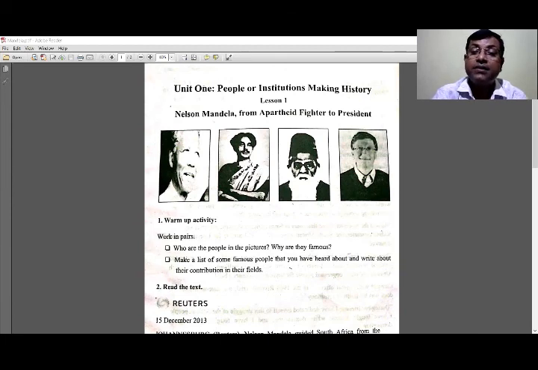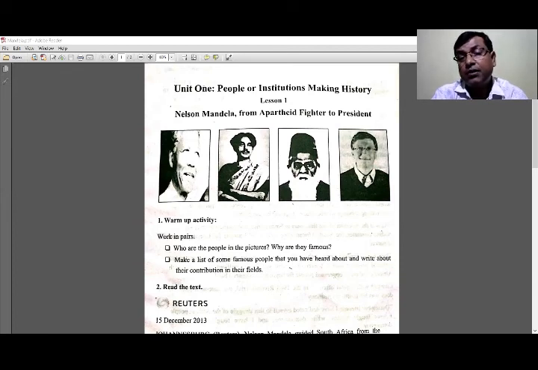You can see here 4 pictures. And can you recognize the man in the pictures? First of all, it is Nelson Mandela, about whom we are going to read here in this lesson. And then it's a very popular picture. It is the picture of our national poet Kazi Nazrul Islam.